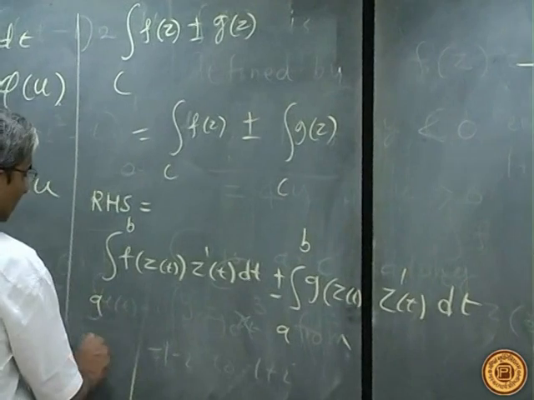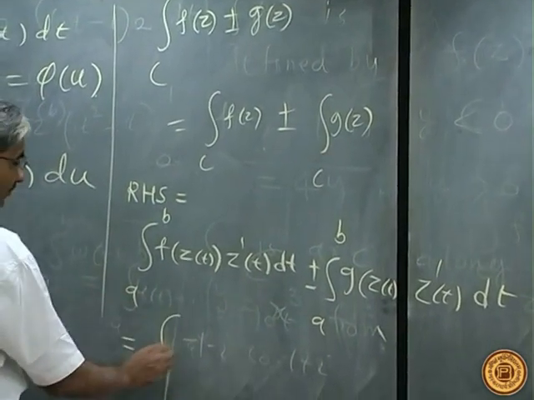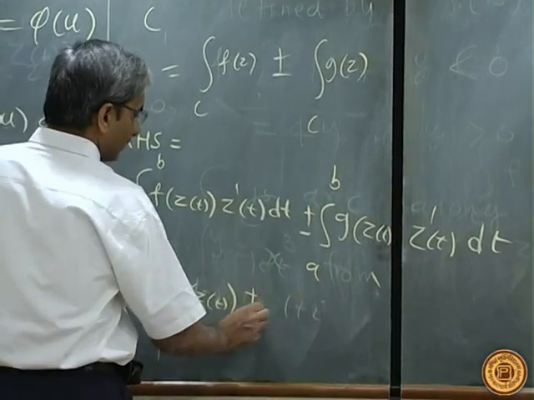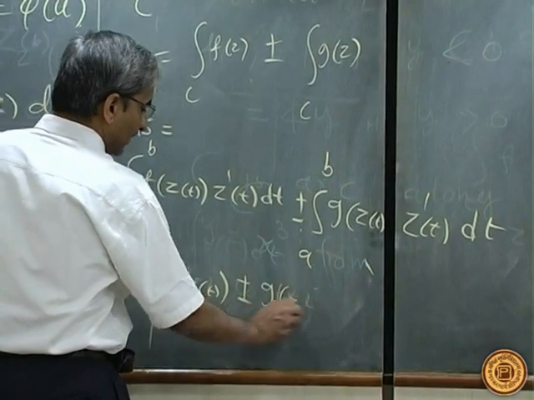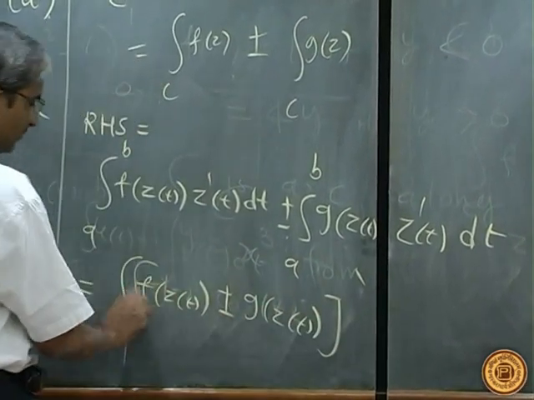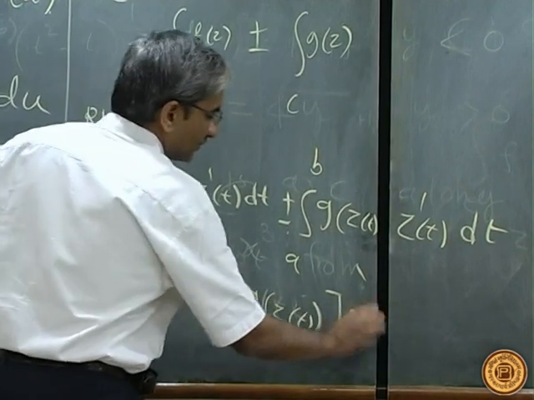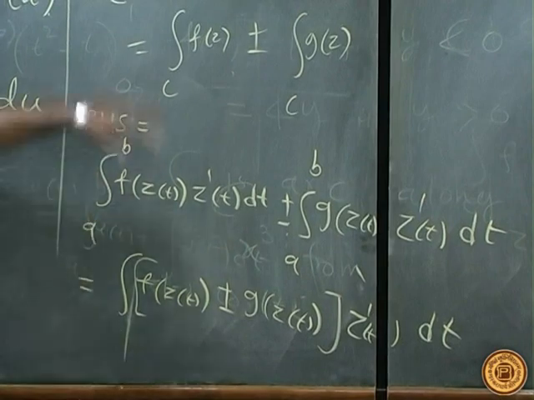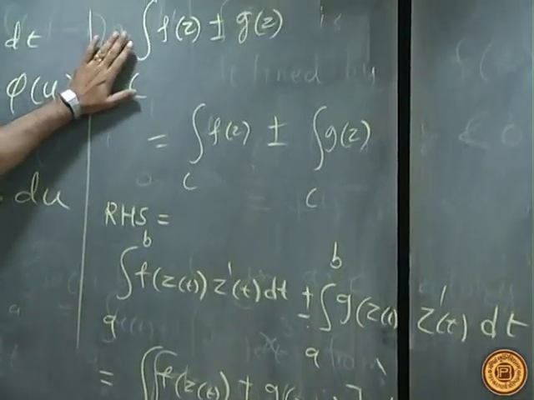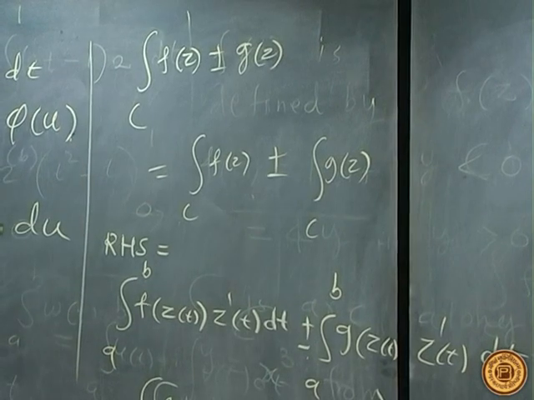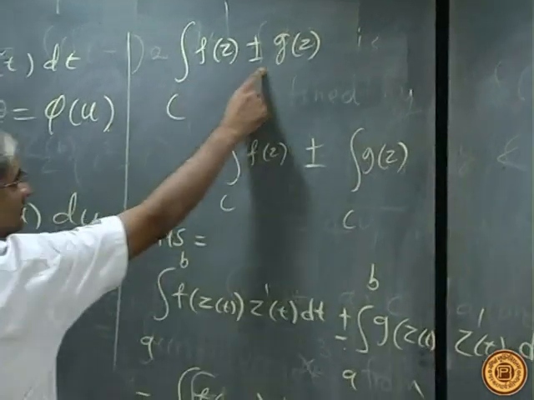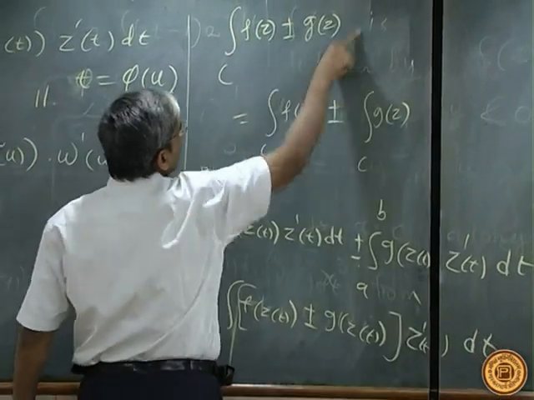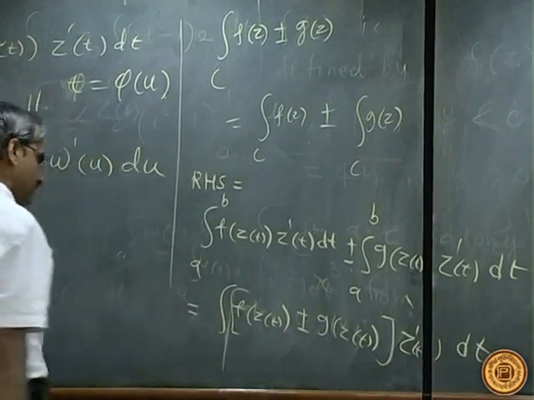So this is nothing but the integral of f of z(t) plus or minus g of z(t), both terms multiplied by z prime(t) dt, and that is by definition the integral of f(z) plus or minus g(z) over C, because this will be f(z(t)) plus or minus g(z(t)) into z prime(t).